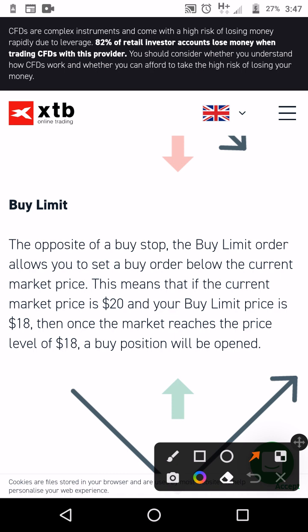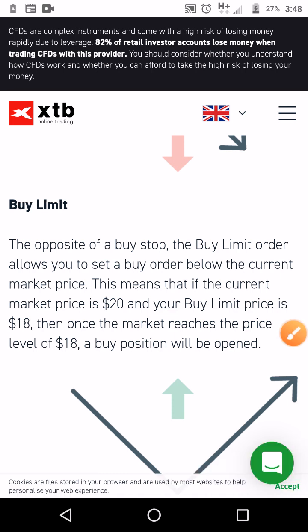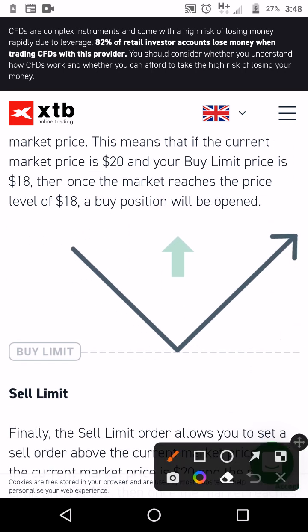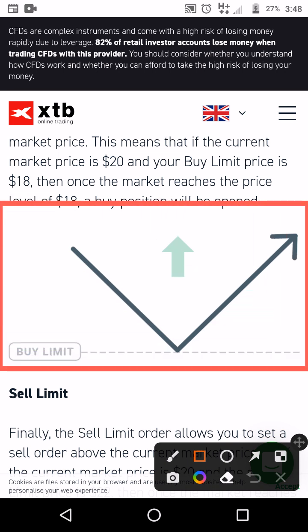Once the market price reaches there, it will open the position for you. It will open your trade for you. So if it's going in your favor, then it means this is just a diagram to show you what it means here.